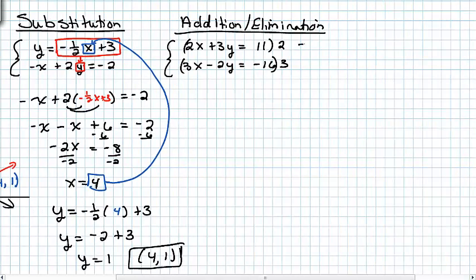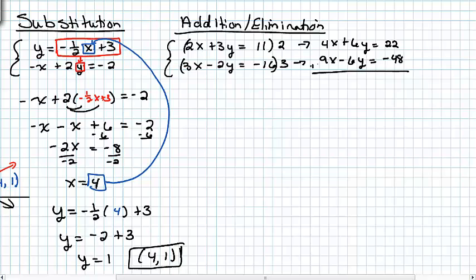So when I do that, I'll get 4x plus 6y equals 22. Just be careful that you multiply every single thing in the equation by the number. And then when I multiply the second equation by 3, I get 9x minus 6y equals negative 48.